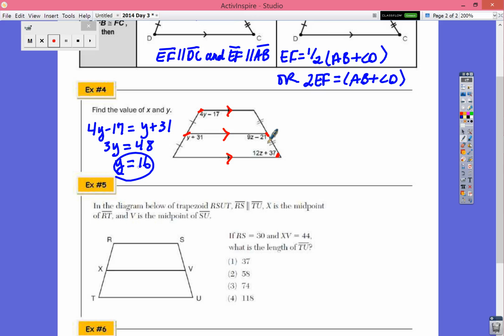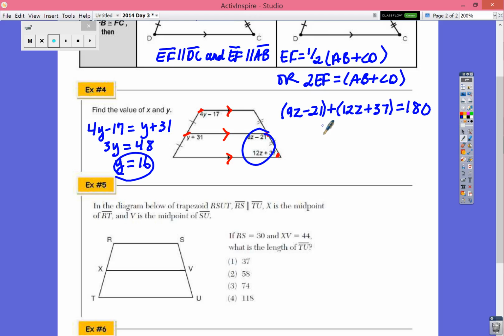Again, on the other side, these two angles here are supplementary, so I'm going to end up with the sum of 9z minus 21 plus 12z plus 37 is equivalent to 180 degrees. So now let's solve for z.